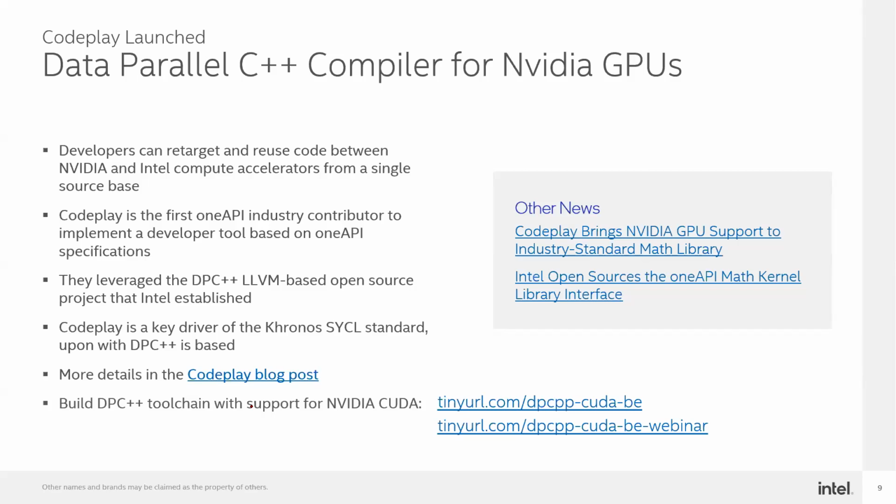But there is also support of NVIDIA hardware, which was implemented by CodePlay. The only important note is that the support is available only in the open source version of the project. So if you get the toolkit using the links I provided earlier, you will find only the support for Intel hardware there.